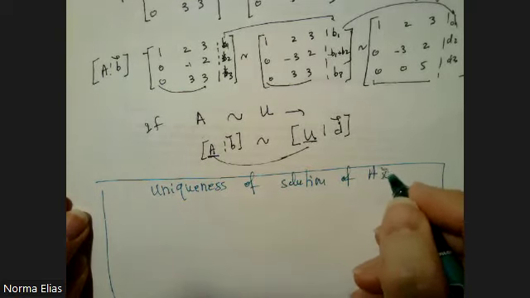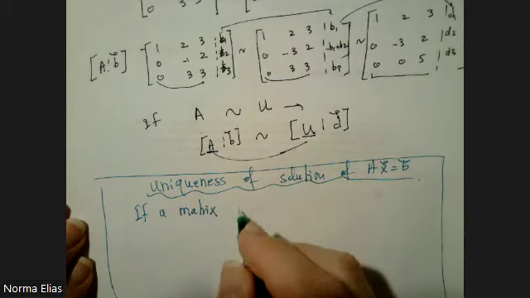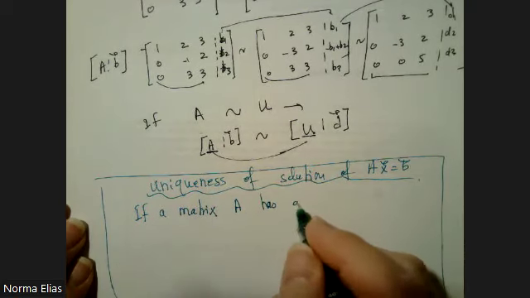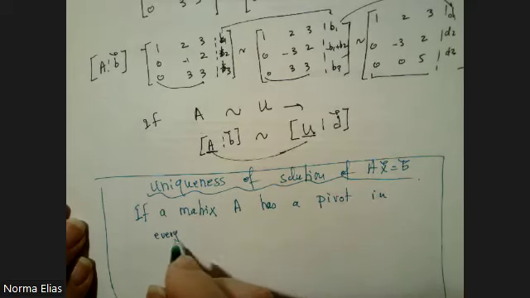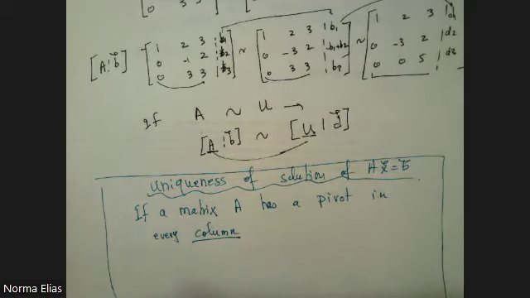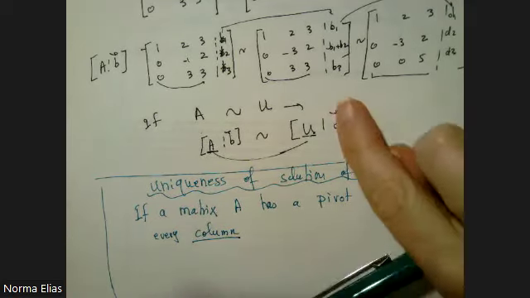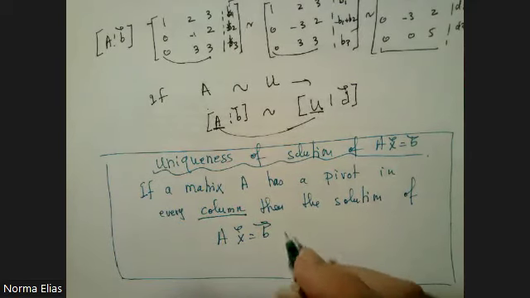Okay, it says the following. If matrix A has a pivot in every column, so if you have a pivot in every column, it means when you reduce, you have a leading entry in every column, then the solution of the system AX equal to B is unique.